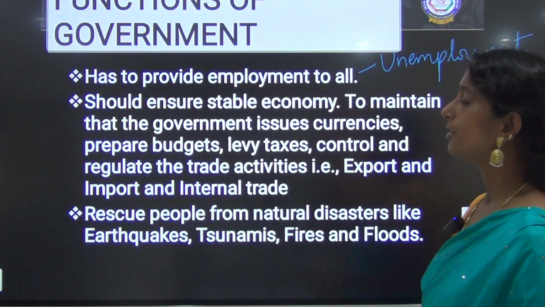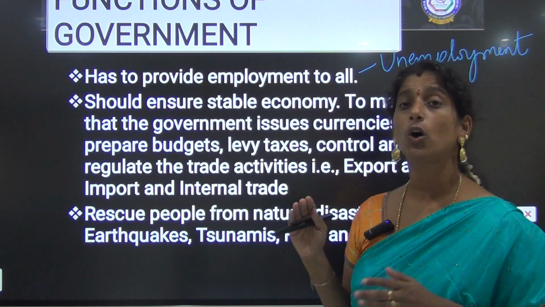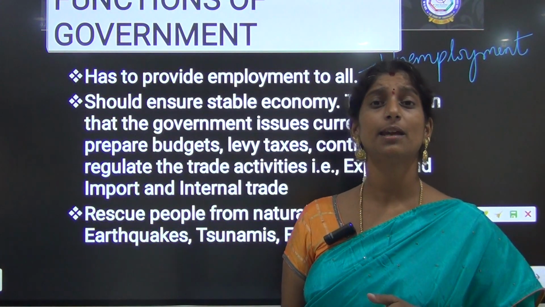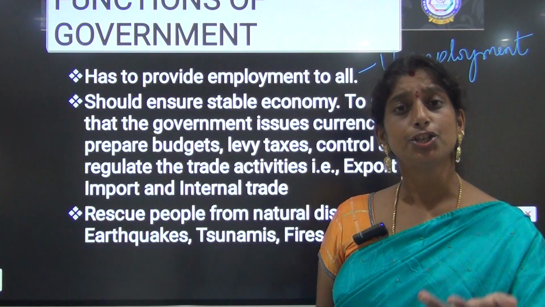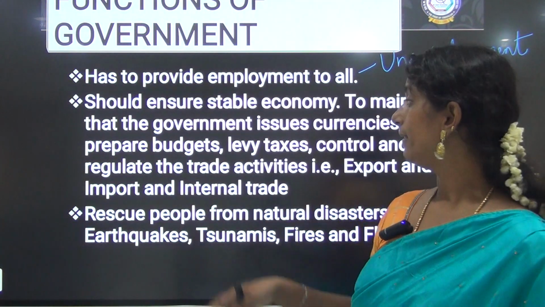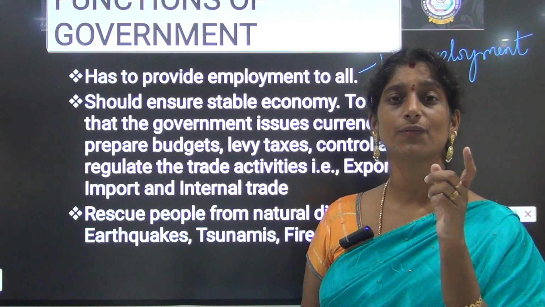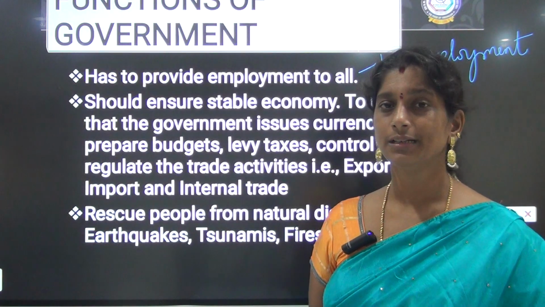Then government also should ensure the economy is stable. So how can it maintain a stable economy? It can issue currencies to the public, then it can prepare budgets so that any expense of the government does not go beyond the budget.